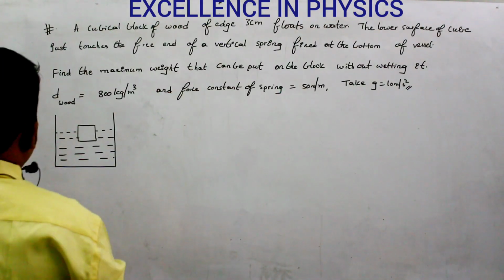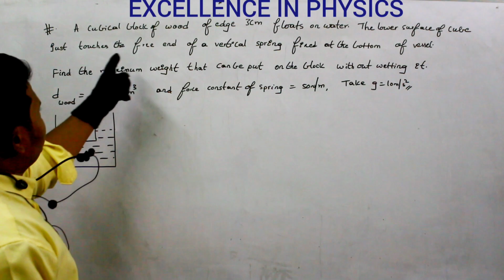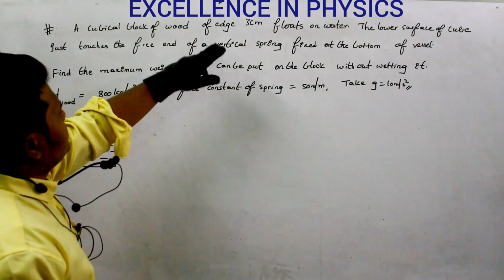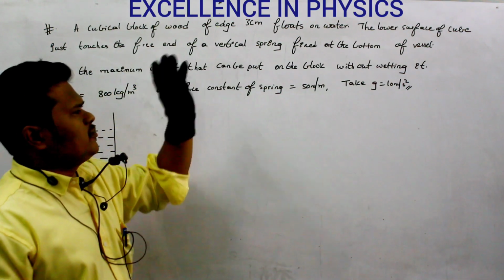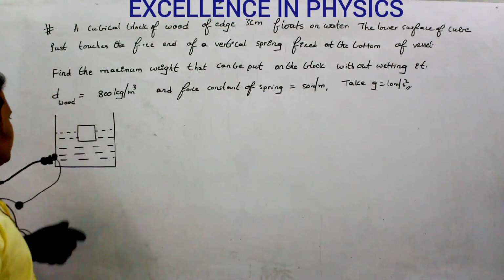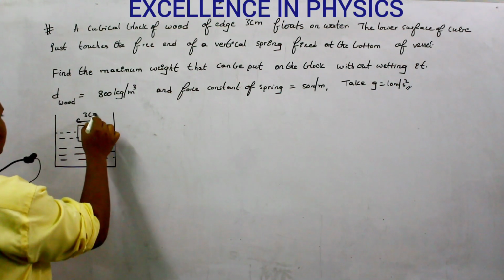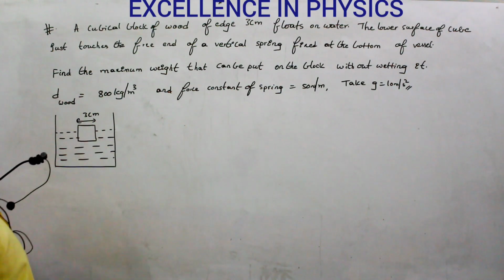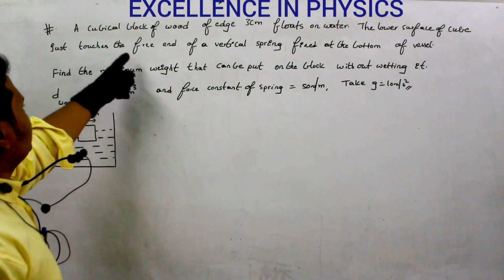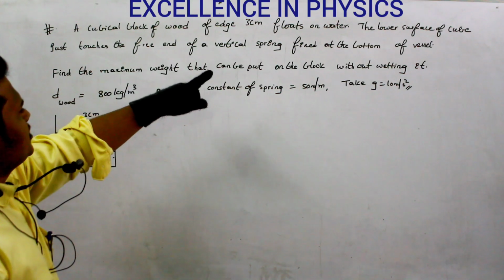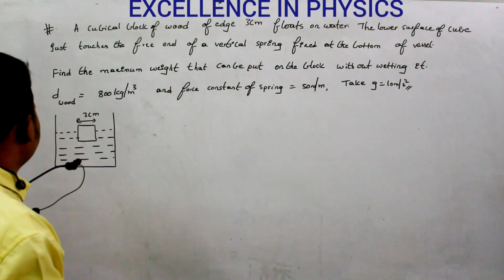Now let us see this question. A cubical block of wood of edge 3 centimeter floats on water. So this is a cube whose each side is equal to 3 centimeter and it is floating on water. It touches the free end of a vertical spring fixed at the bottom of the vessel.